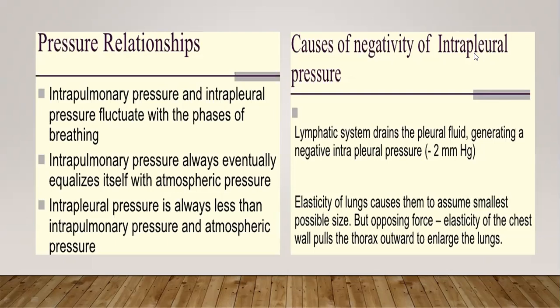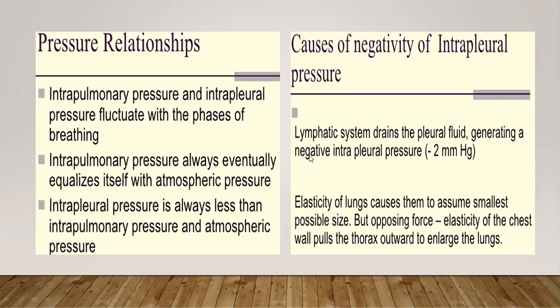And a buildup of fluid around the lungs is not good, because that would decrease the ability of the lungs to expand, and therefore that would give issues with breathing. Pleural effusion, yeah, pretty much. Well, pleural effusion, sure, yeah.